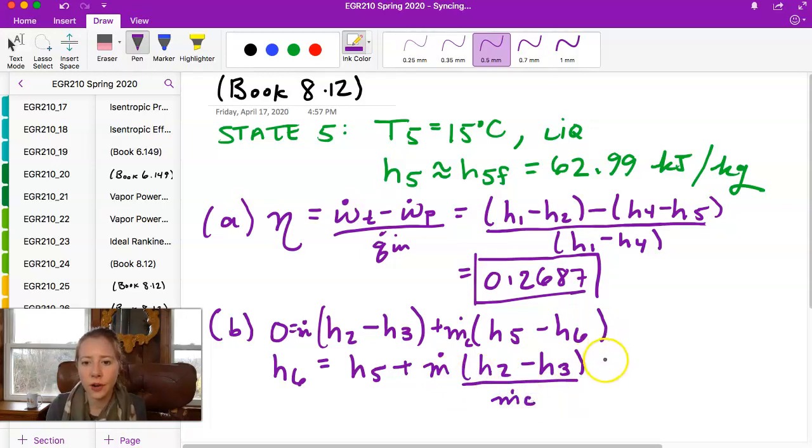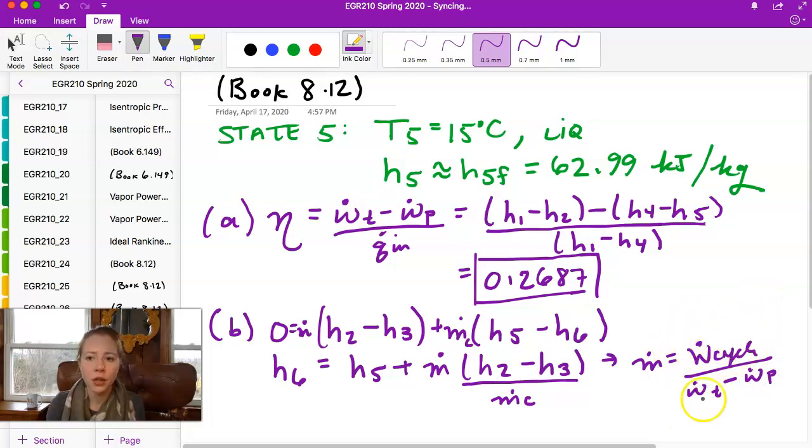And we can solve for our m dot. M dot is going to equal W dot cycle divided by W dot T minus W dot P. So this W dot cycle we were given was capital W, so it was total power for the cycle, and these in the denominator are the lowercase w dots, so those are on the mass basis.